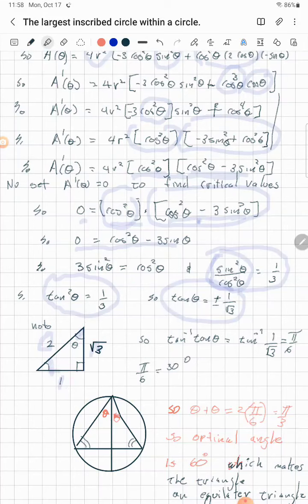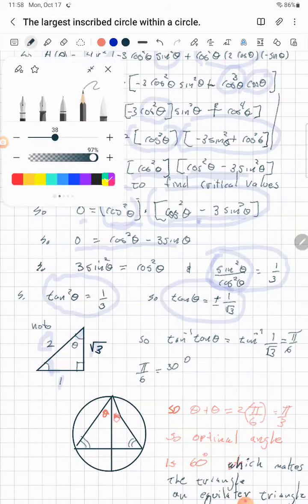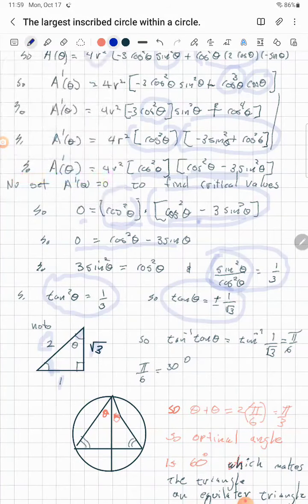So this here is going to be 30 degrees, or we can just call it pi over 6. So this has to be pi over 6, which is 30 degrees. And that's 90. So that would leave you pi over 3, not that you need it, because they have to add up to 180.